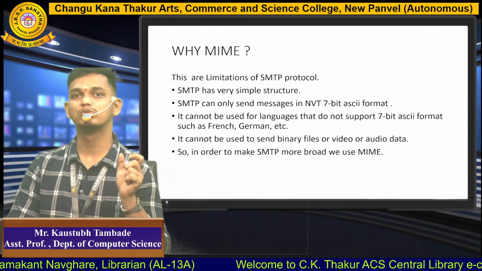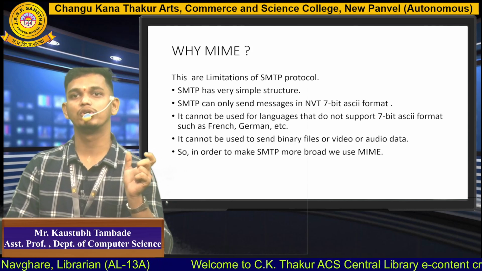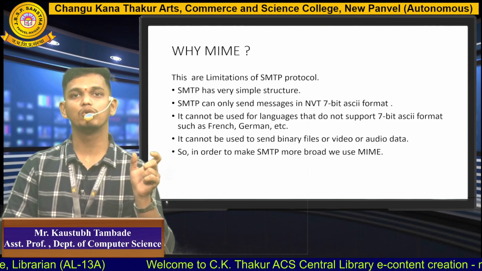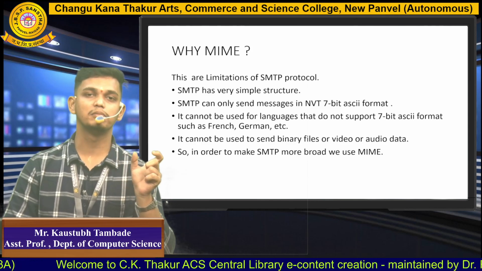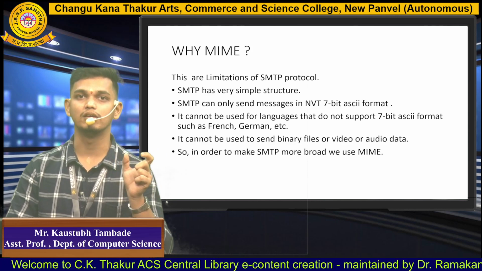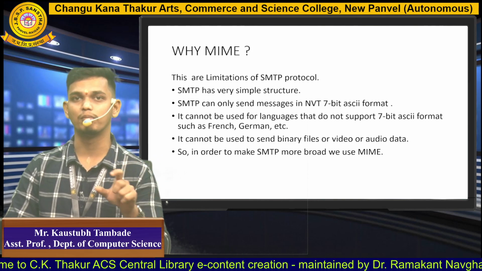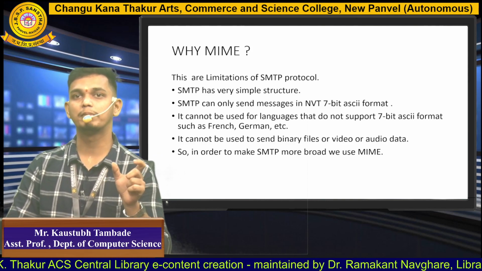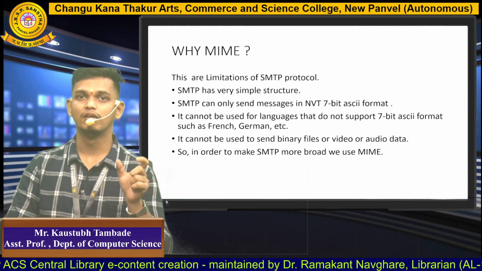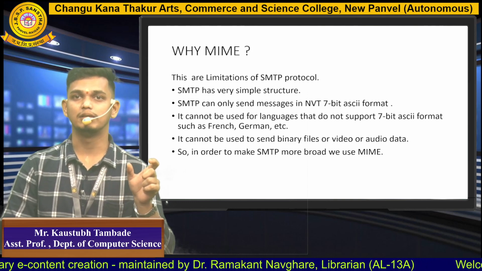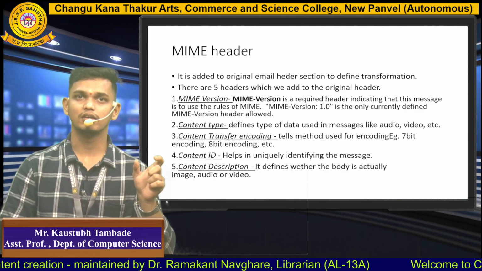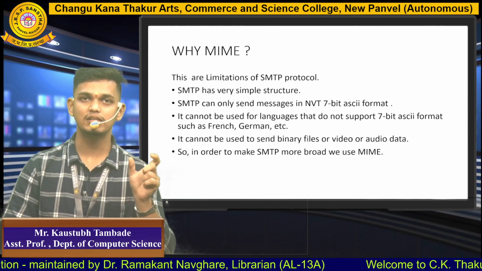It cannot be used to send binary files or audio or video data. So in order to make SMTP broader, we use MIME. In SMTP there were limitations when we send a mail. It was in a very simple format, but using MIME, Multipurpose Internet Mail Extension, we can send video, audio, or images through an email system.